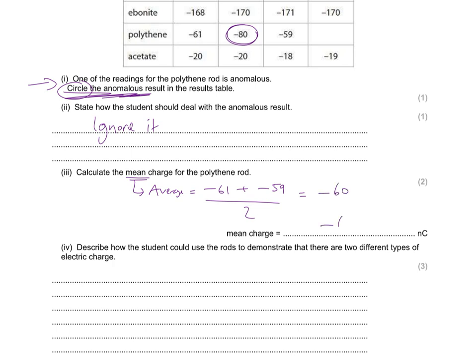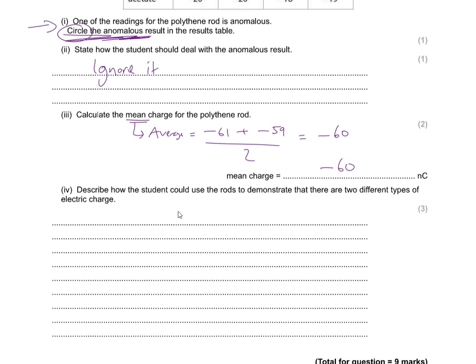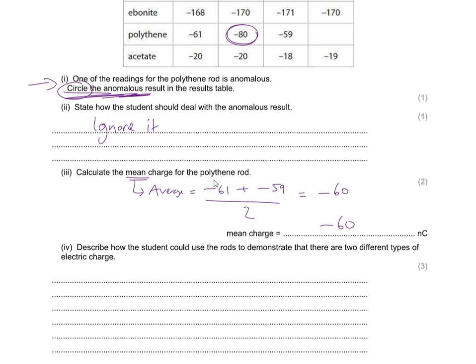So the mean is going to be minus 60 there. Okay, now we'll get 2 marks if we ignore it, because we said to ignore it, to exclude it. So we need to show that we are doing that.